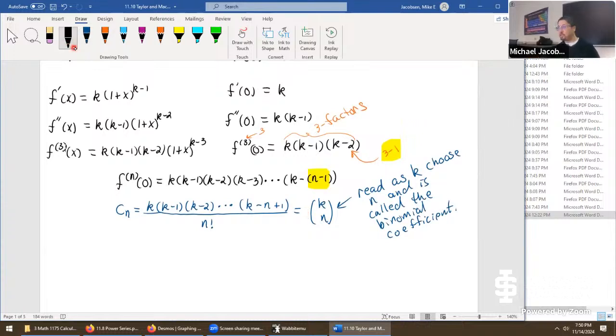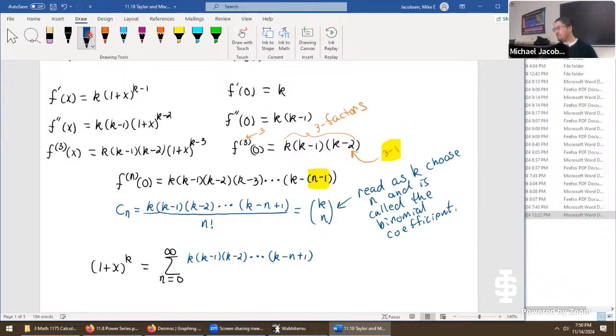But in either case, we have that 1 plus x to the power k. Remember, k can be a half, a third. It can be e, pi, square root of 2, anything you would like. It's this power series, Maclaurin series rather, summation from 0 to infinity of k, k minus 1, k minus 2, all the way down to k minus n plus 1.